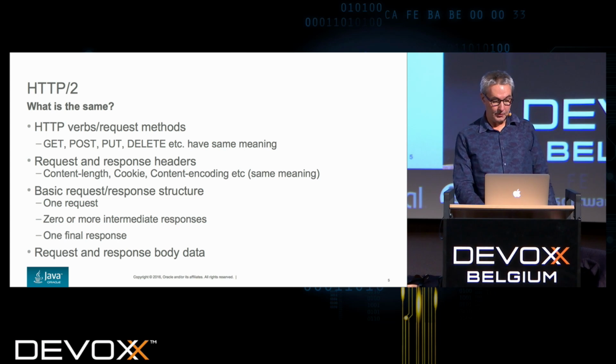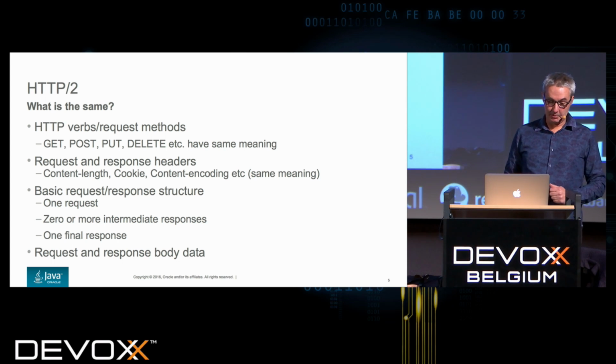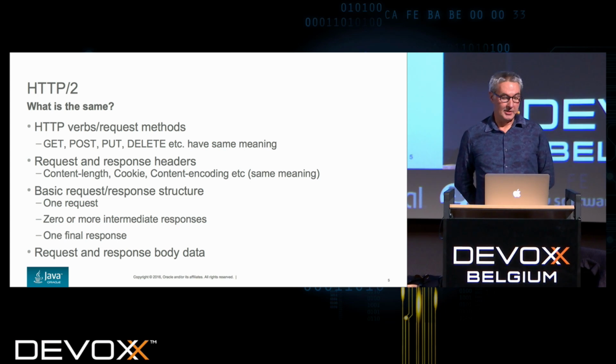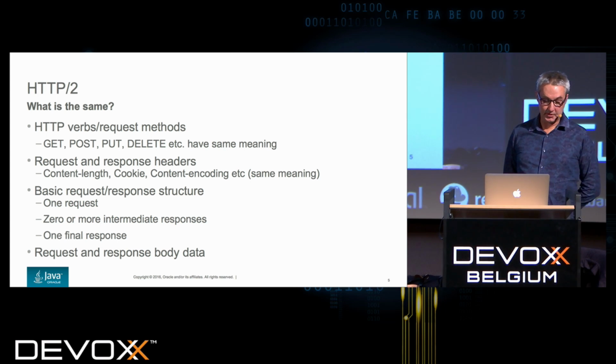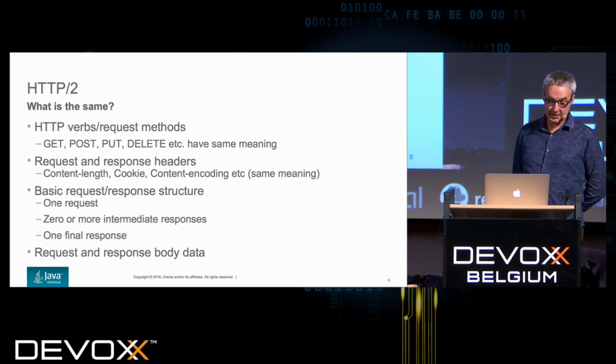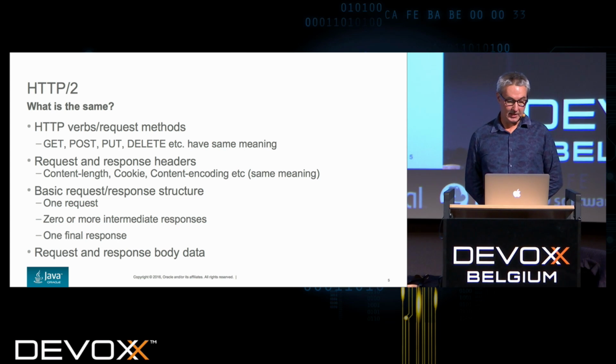So HTTP2, what are the similarities first of all? If you consider HTTP as a service or an API, then HTTP2 is pretty much the same as HTTP1. In particular, the request methods, get, post, put, delete, etc., all have exactly the same meaning in HTTP2. Request and response headers, like content length, cookie, content encoding, all have exactly the same meaning in HTTP2 as in HTTP1.